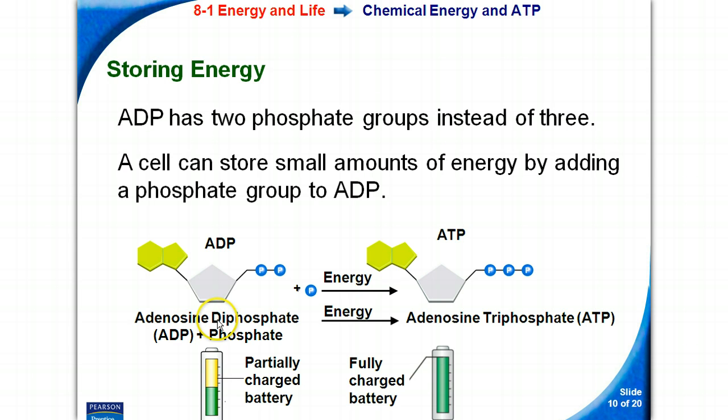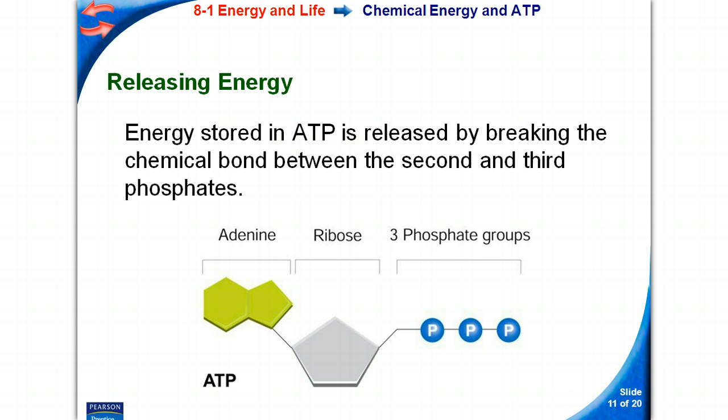So the diphosphate means there's 2 phosphate groups. Tri means there's 3, okay? So if it's a tri or ATP, that's a fully charged battery, where an ADP is a partially charged battery. Releasing energy. Energy stored in ATP is released by breaking the chemical bond between the 2nd and 3rd phosphate.